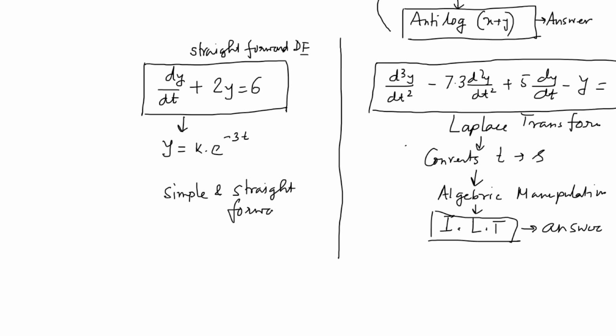You can directly write the answer. However, if the problem is of higher order, or for a complex network, if you want to solve the transient response, then the time domain approach will take a large time to solve. So we shift to Laplace transform for complex problems and complex networks.